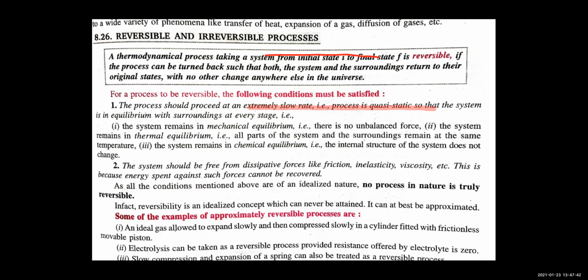It should be in equilibrium at each and every step: in mechanical equilibrium, in thermal equilibrium, and in chemical equilibrium. Means the internal structure of the system also should not change much. So it happens infinitely slowly. That is the first condition of a reversible process.